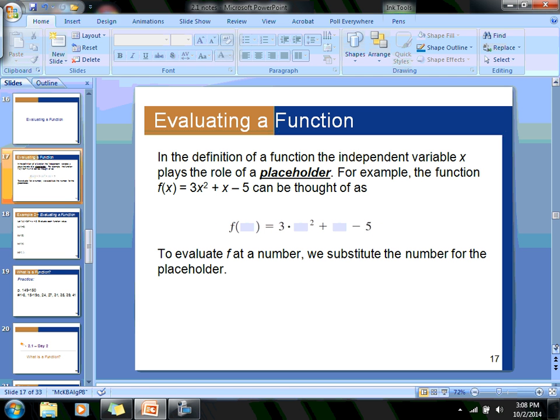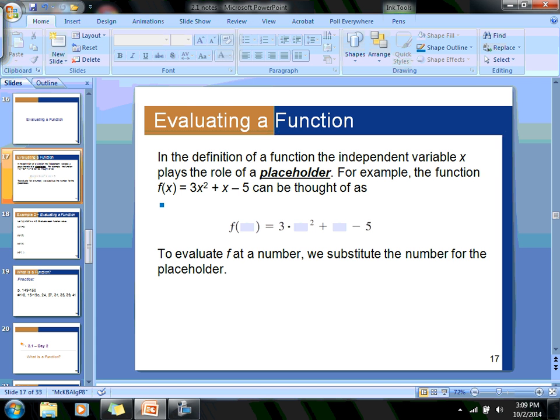Okay, now when we evaluate a function, we've already kind of evaluated a function in part B there. But just remember that when we're doing this, we have our independent variable that we put into the function. And you kind of want to think of that like a placeholder. Don't think of it like multiplication.